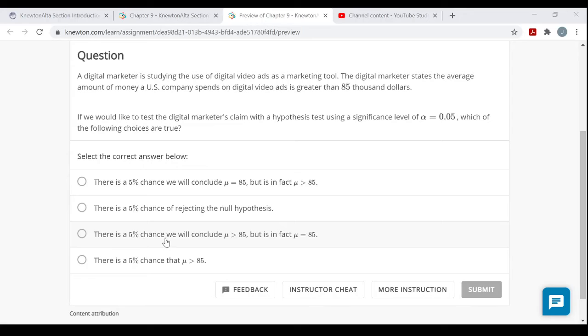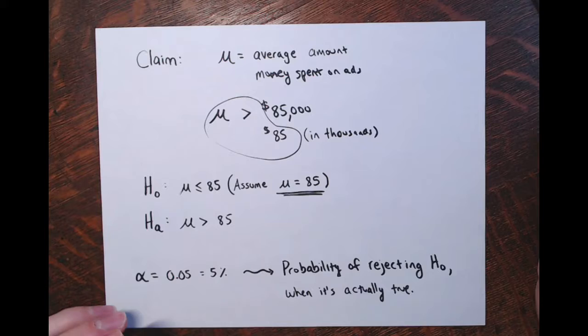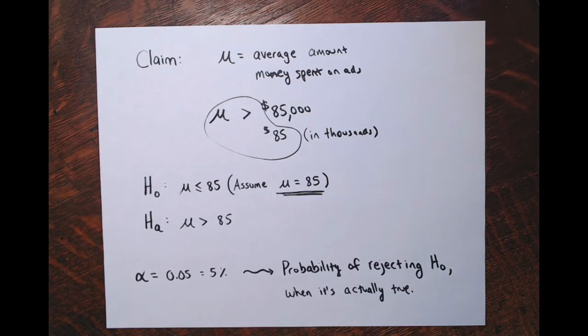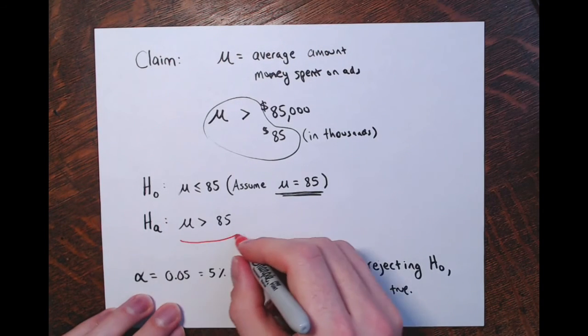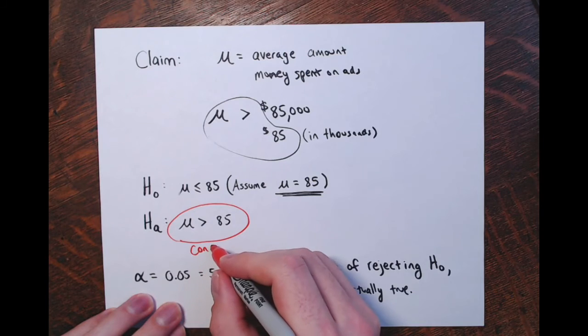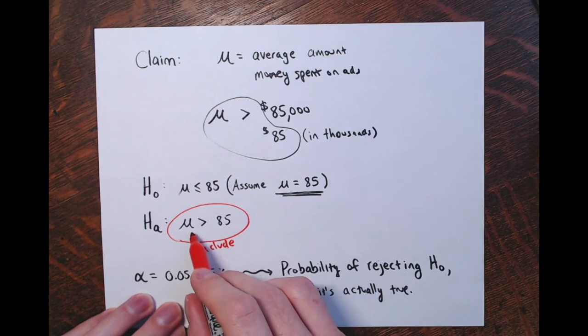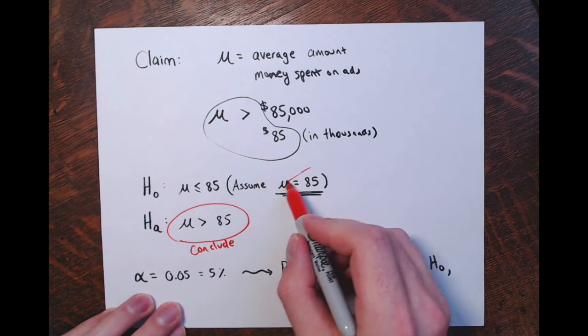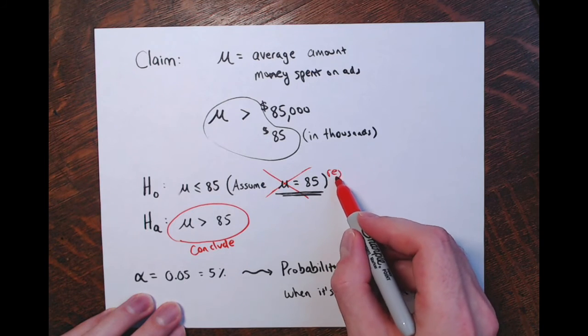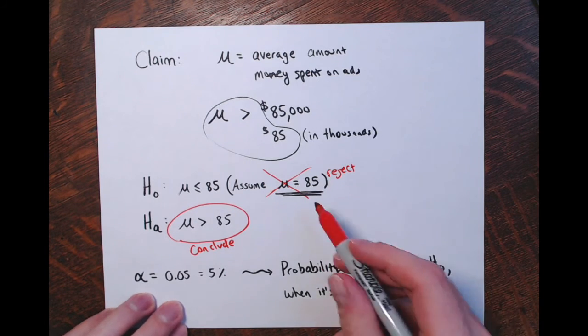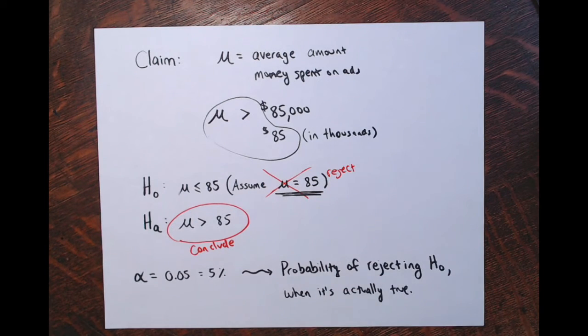There's a 5% chance that we'll conclude that the mean is greater than 85, but it is in fact equal to 85. Because if we conclude that the mean is greater than 85, that means that we rejected the null, because you got to reject one and conclude the other. That's why they're opposites.